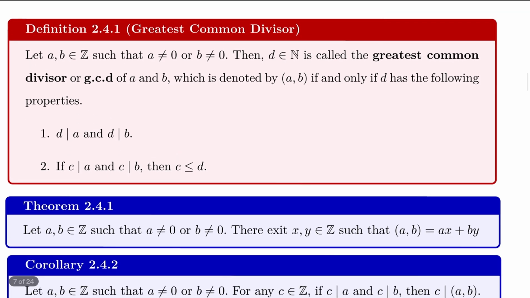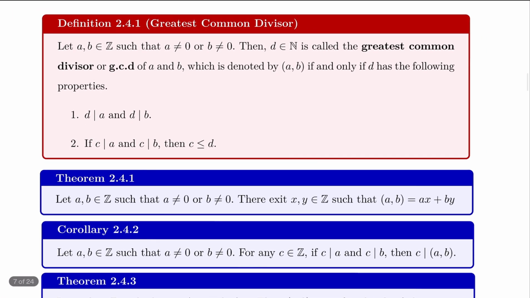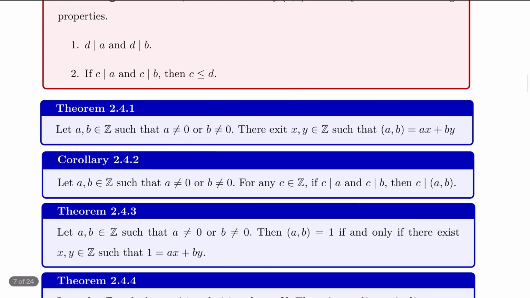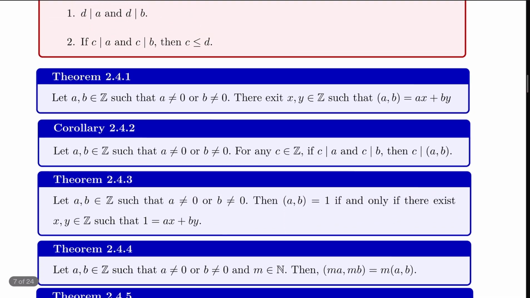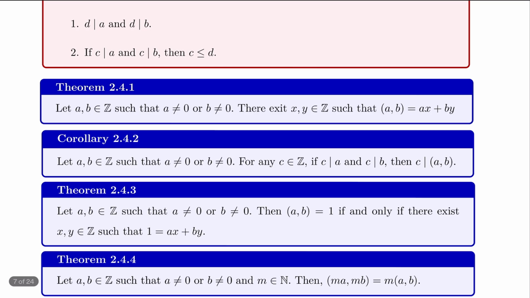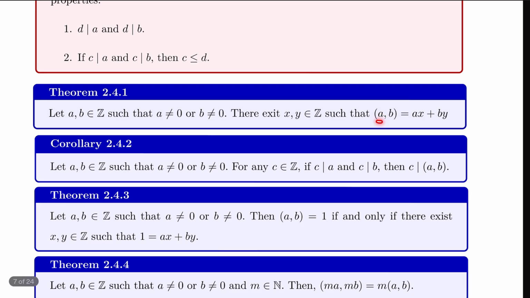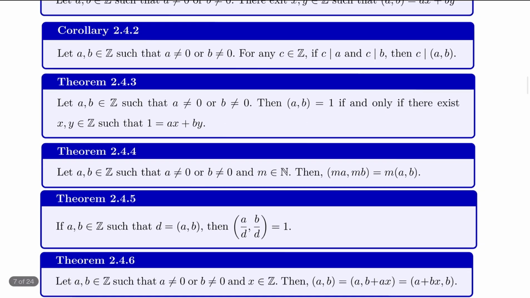So I want to use some of these properties and the definition of greatest common divisors. Okay, so we have a bunch of theorems right here. For this one, we have proved already, the greatest common divisor of a and b equals ax plus by for some integers x and y. And next one is if c divides a and c divides b, then c divides the greatest common divisor of a and b.